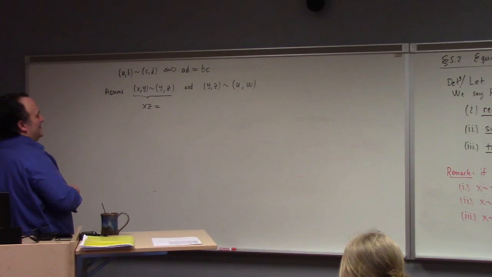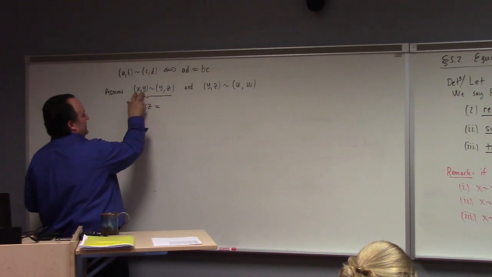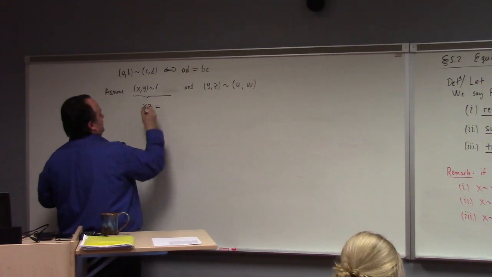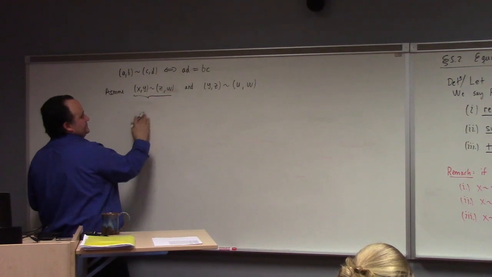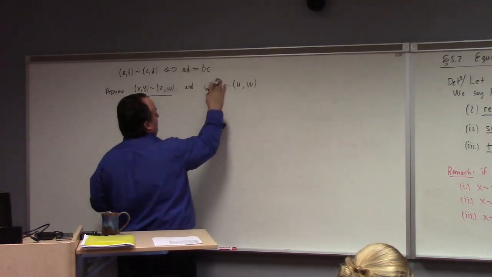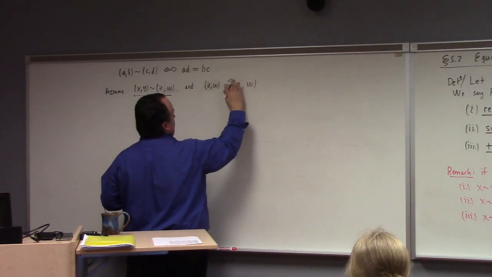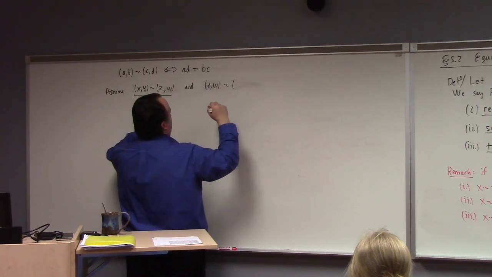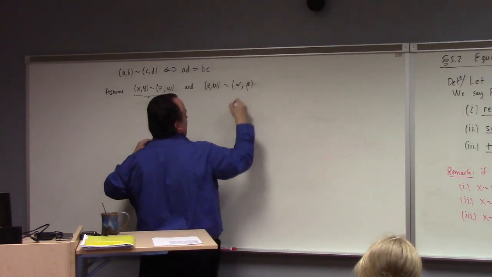Wait, what? No. Okay, so I should use distinct letters for these pairs, right? X, Y, and what should I put here? Not YZ, but ZW. All right? And over here, we should have ZW equivalent to, I need other letters, right? Alpha, beta. There we go.